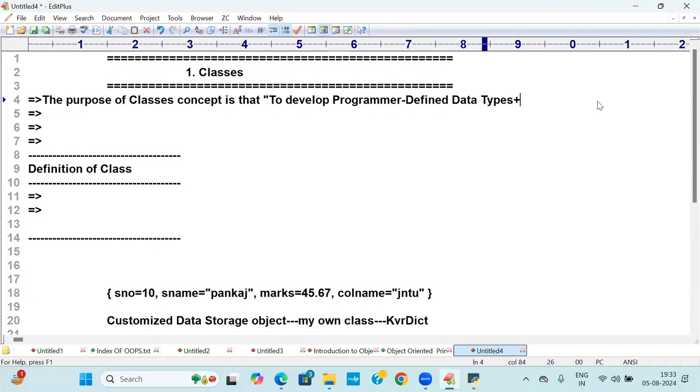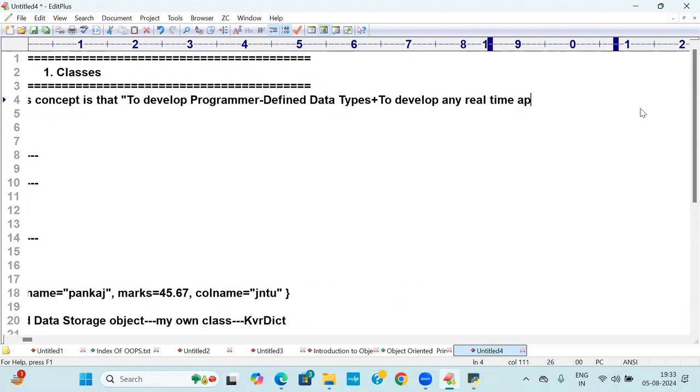Day one onwards, I'm starting with object, class, object. Though you don't know class, we started with class and object. So to develop any real-time application, they'll ask what is a real-time application. Example, take int development. What is int? A class.